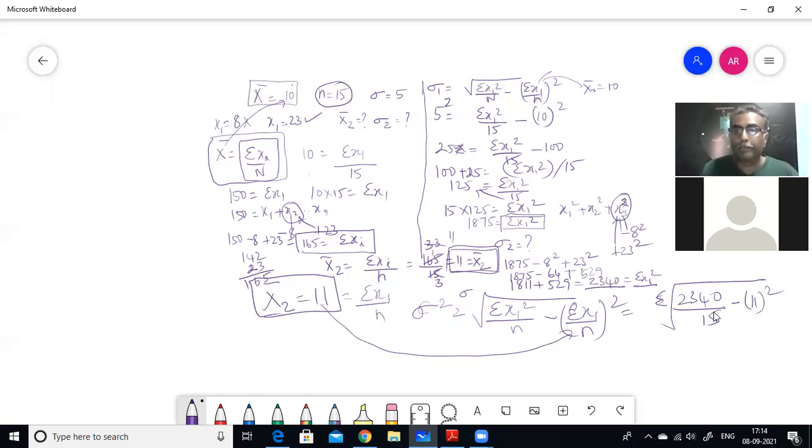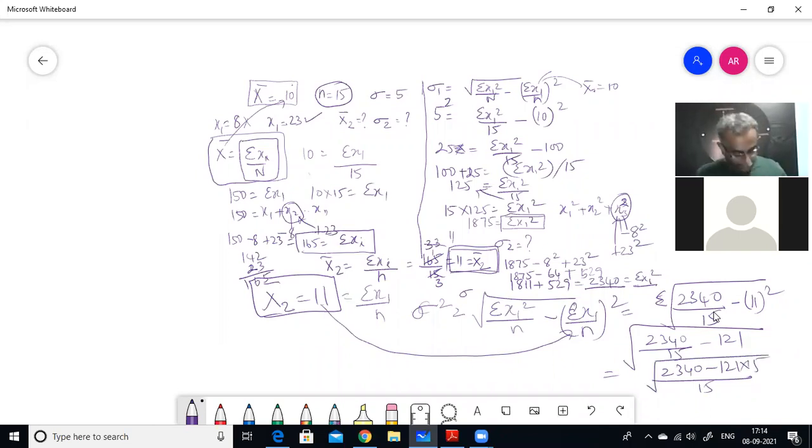That's all. So 2340 by 15 minus 121. That is equal to root of 2340 by 15 minus 121 into 15 by 15. How much is 121 into 15? I'll just calculate.